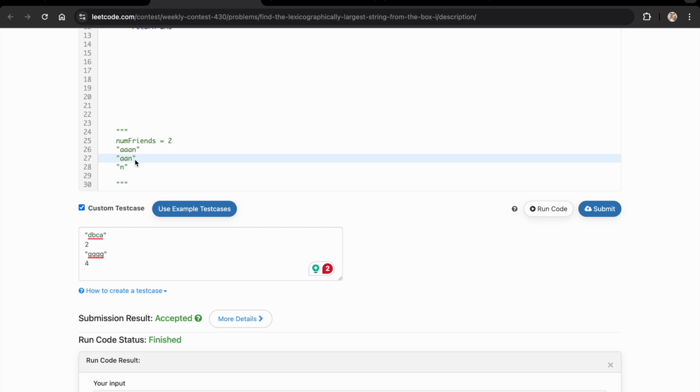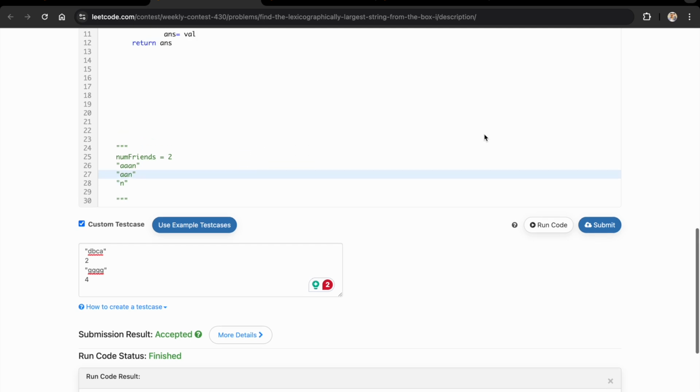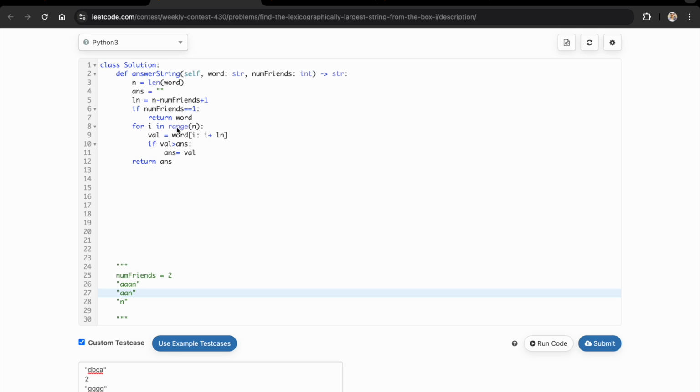So what we have to do is, for the last one, if we are splitting the word, we should always try for 1, for 2, for 3, everything. So here we will be iterating over all the n's, and after that we have taken i plus ln.